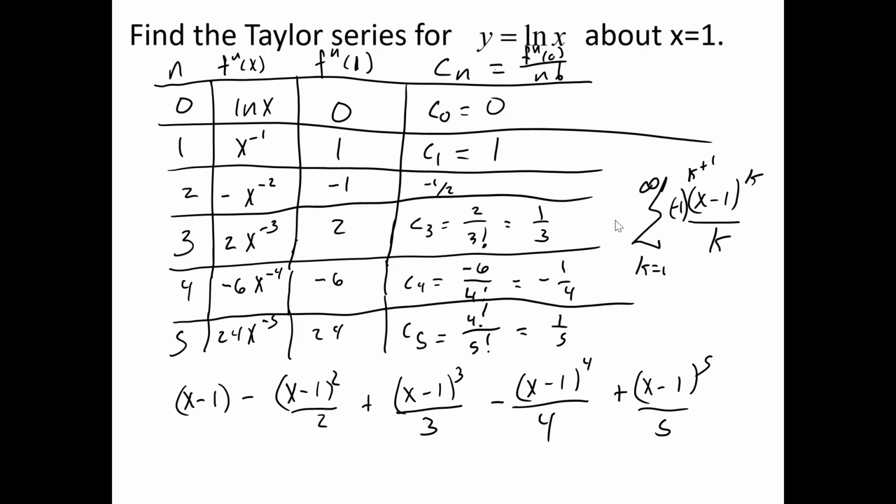So now let's look at the interval of convergence for this series. We have the summation from k equals 1 to infinity of negative 1 to the k plus 1, x minus 1 to the k, all divided by k.